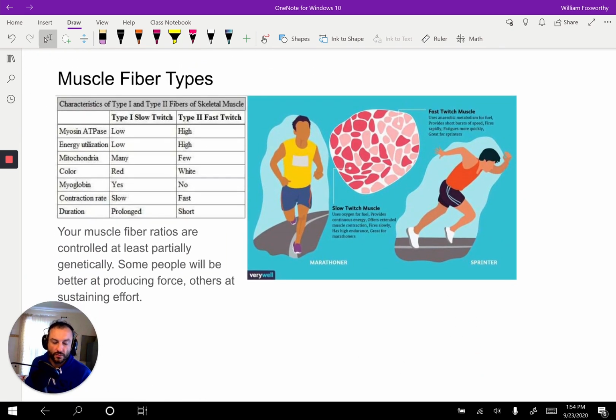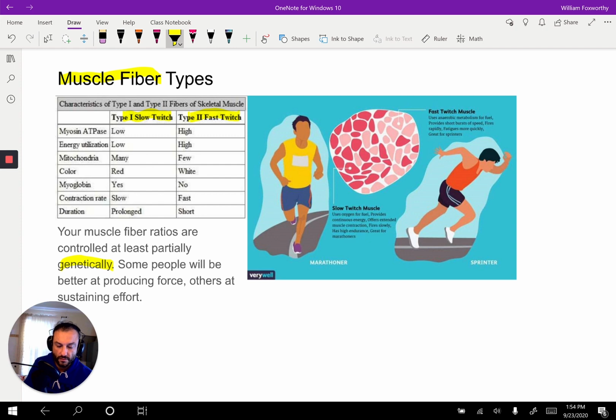When it comes to muscle fibers in humans, there's a couple of different types, and the main difference is between slow twitch type 1 and fast twitch type 2. These muscle fiber ratios do have an effect on your genetic ability to perform certain tasks, and like I said, it is controlled partially genetically.